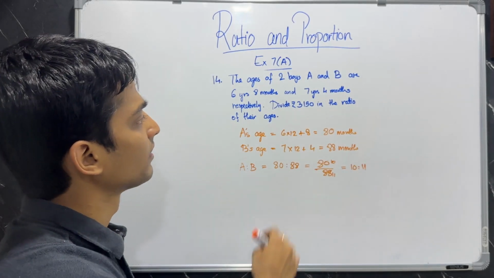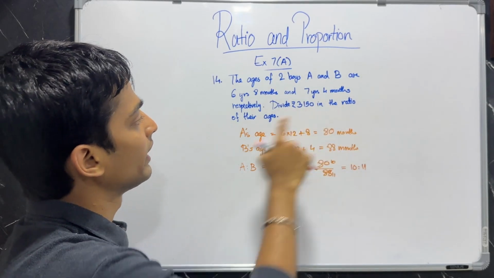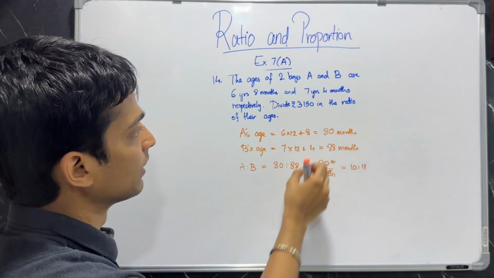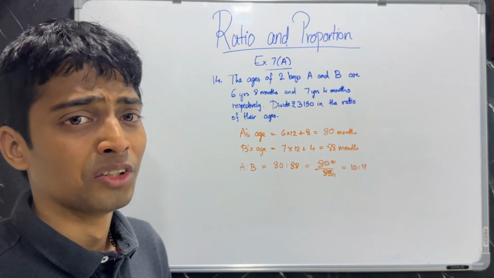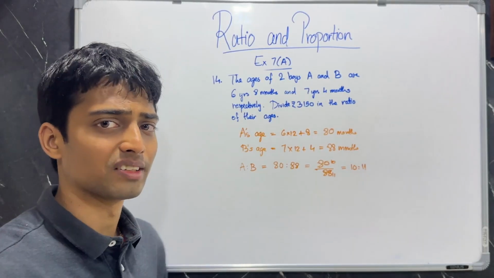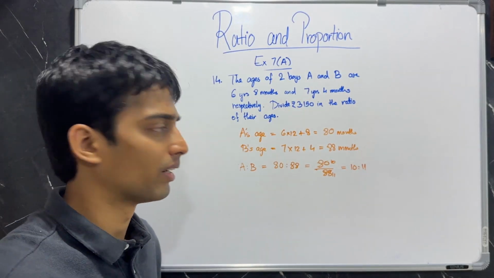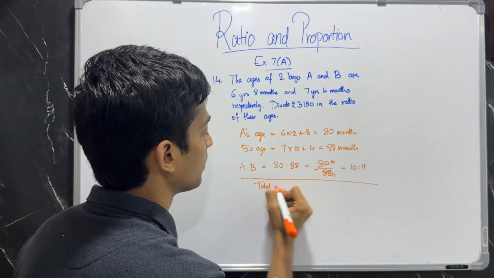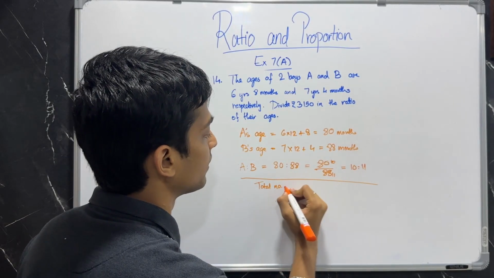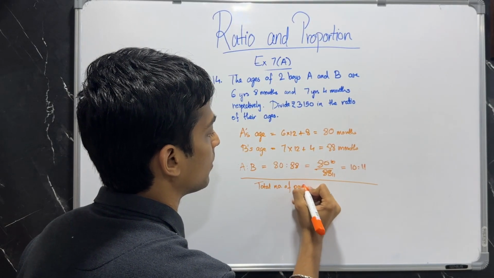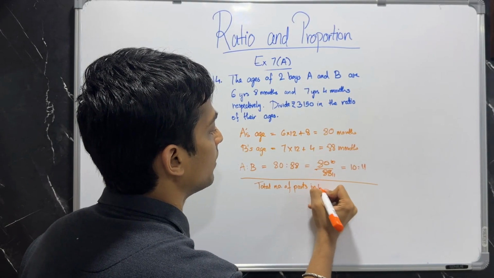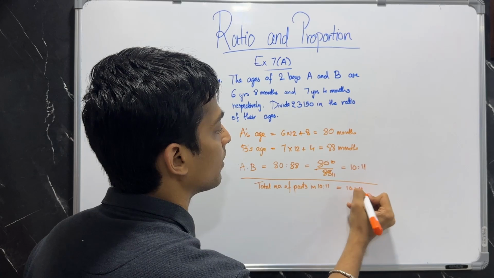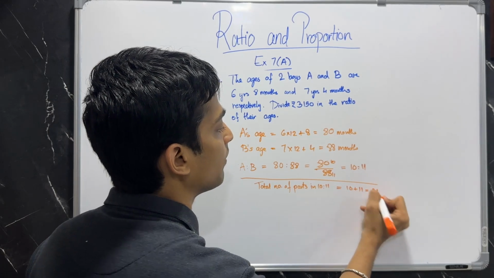Now what they are saying next, divide 3150 rupees in the ratio of their ages. So we have to divide this in the ratio of 10 is to 11. So how will we do that? First step is to find the total number of parts. So total number of parts in this ratio 10 is to 11 is equal to 10 plus 11, which is 21.